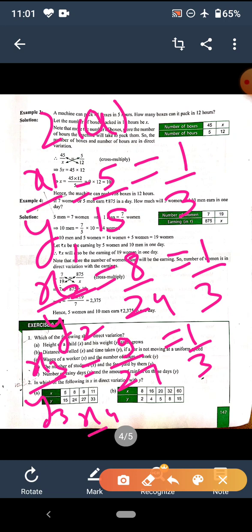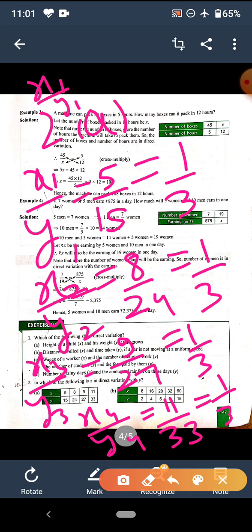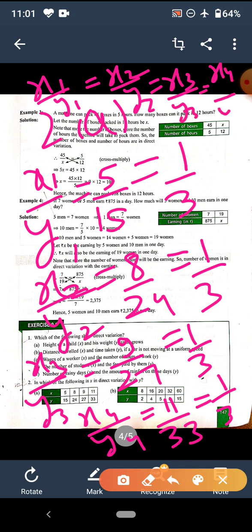Then x4 upon y4, that is 11 upon 33, that is 1 upon 3. So what do you see? That x1 upon y1 is equal to x2 upon y2 is equal to x3 upon y3 is equal to x4 upon y4. So all are equal, so they are in direct variation.